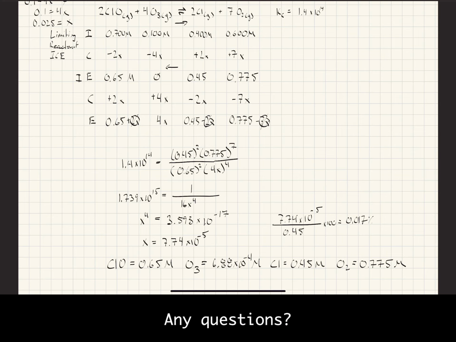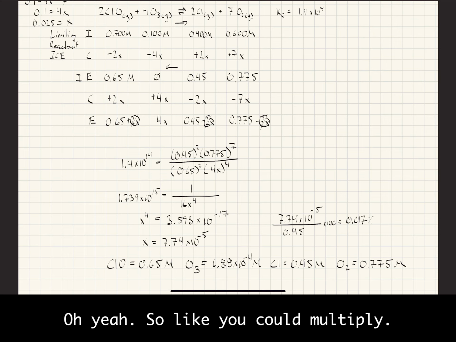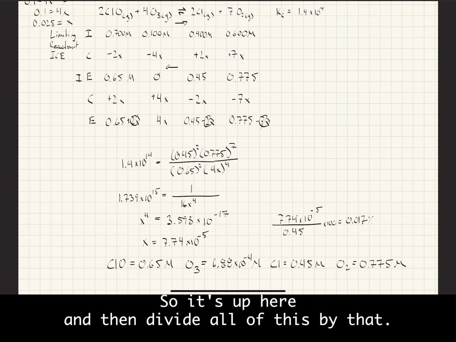Any questions? If you can't plug in what? Which part? Oh yeah, so you basically multiply this on both sides, so it's up here, and then divide all of this by that.